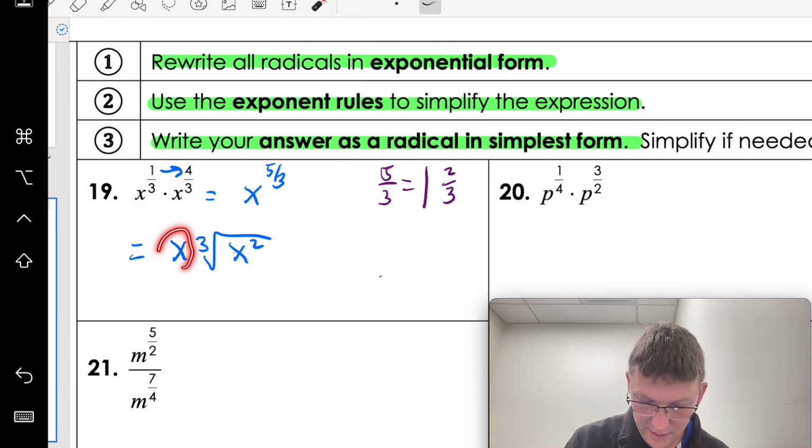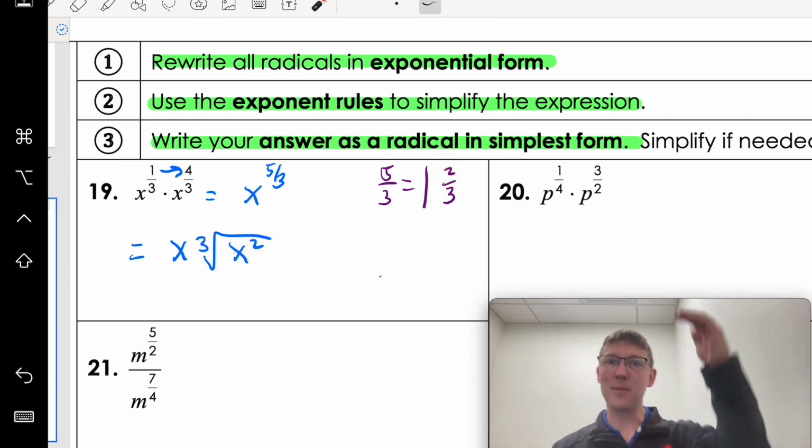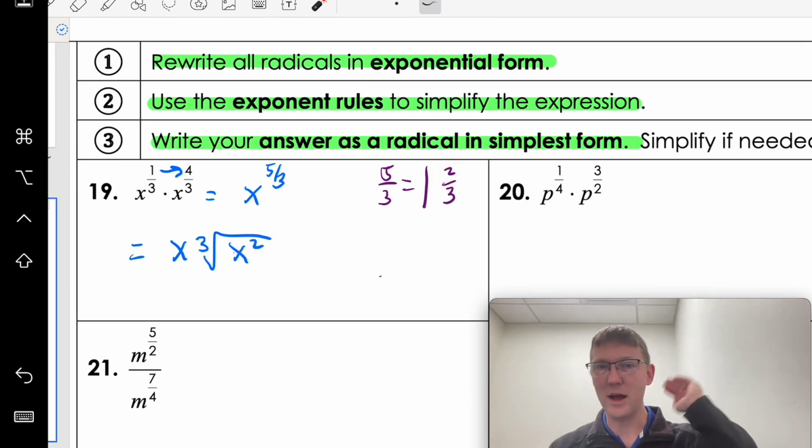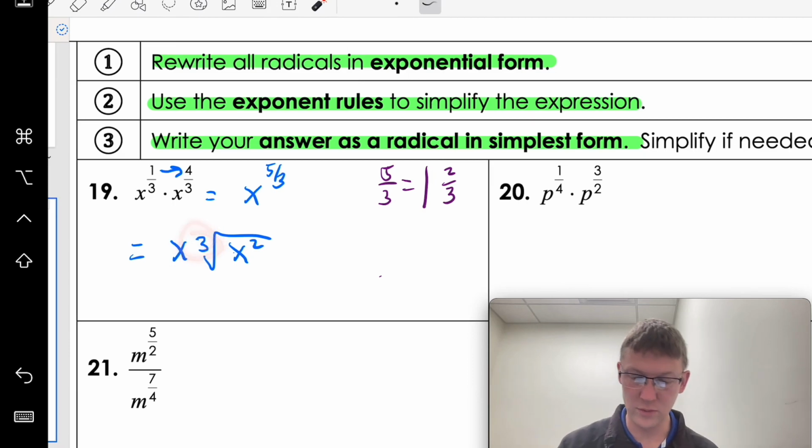This x came from this number. This number, the cubed root, came from the denominator right there. And then this number came from this number. So again, the tops of the fractions are going to be your exponents, and the bottoms of the fractions are going to be your root.